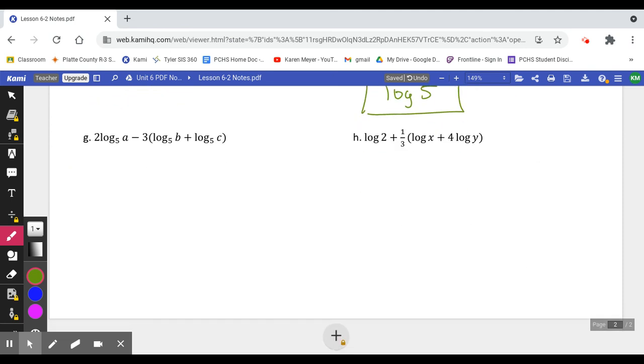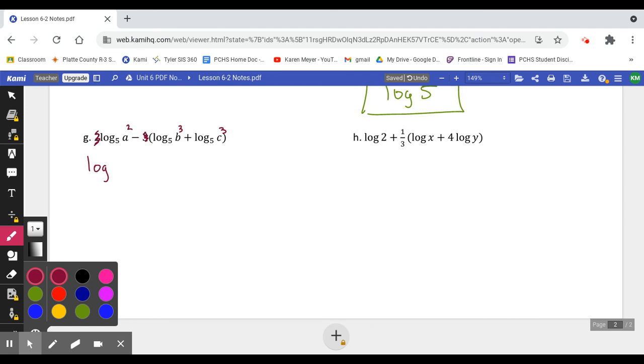Okay, last ones. For this one, I'm going to start by moving my 2 up as an exponent for A. And then, that 3 is outside the parentheses. So that means it's going to go up as an exponent for the B and the C. Boom. So I got log base 5 A squared.